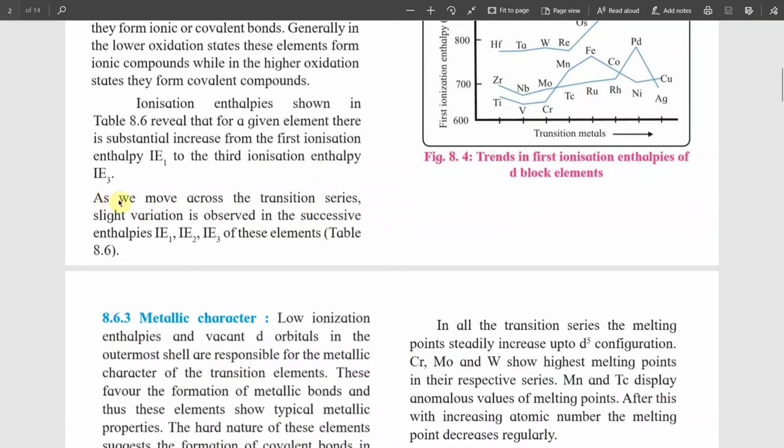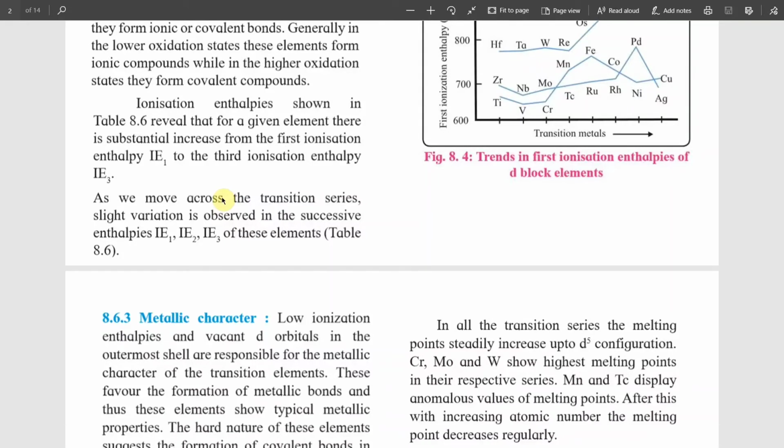You have to observe that the ionization enthalpies of the given elements show substantial increases from first ionization enthalpy IE1 to third ionization enthalpy. As we move across the transition series, slight variation is observed in successive enthalpies.